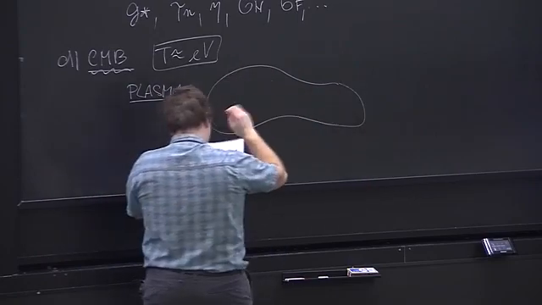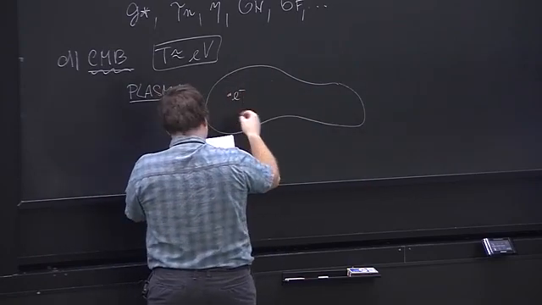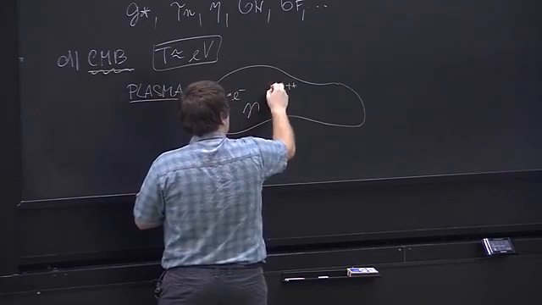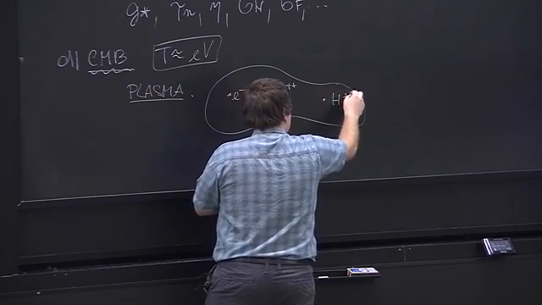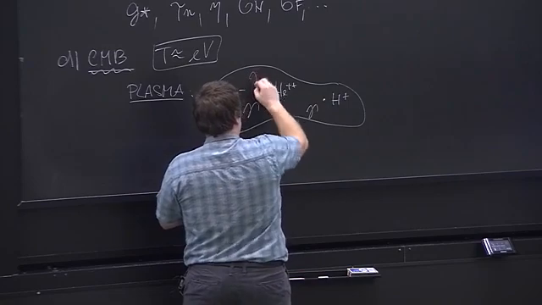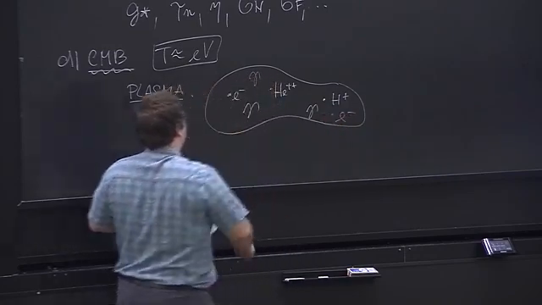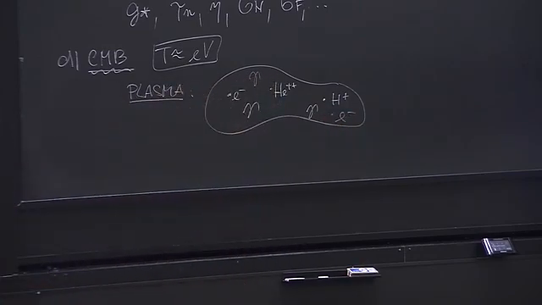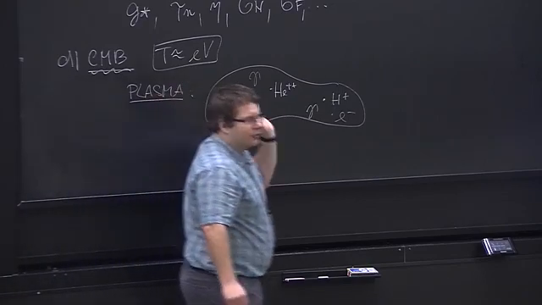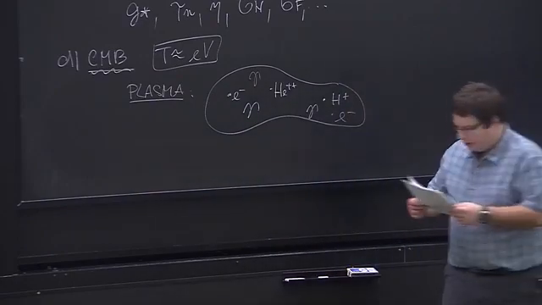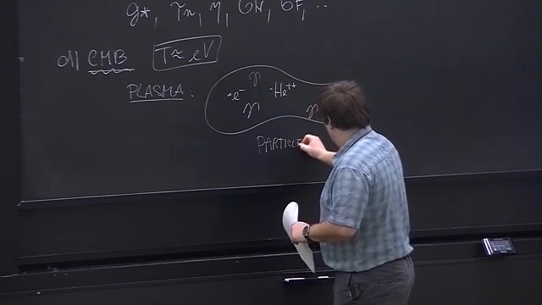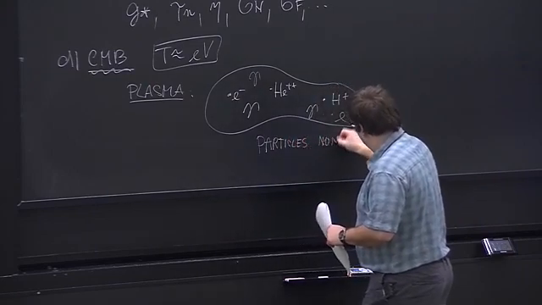It's my slice of plasma, and so you have electrons there, and you have gamma particles, and then you have fused helium, and then you have hydrogen, and lots of gammas and lots of electrons. Okay, so this is how your plasma looks. And all massive particles, including electrons, are already non-relativistic.